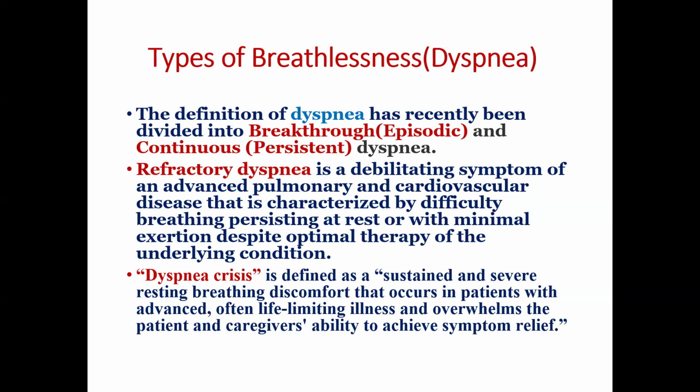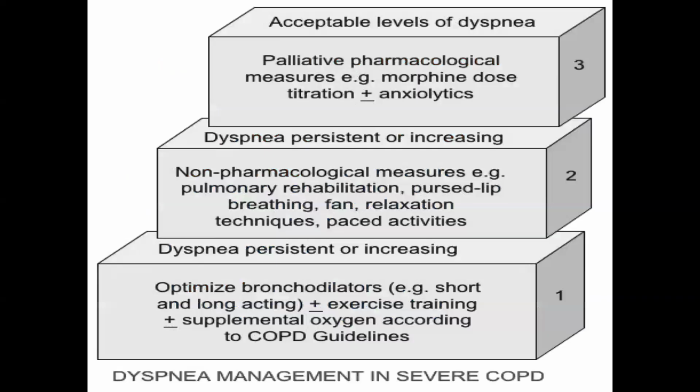And lastly, we have another type called dyspnea crisis, which is like a pain crisis, right? Dyspnea crisis is sustained and severe resting breathing discomfort that occurs in patients with advanced, often life-limiting illness and overwhelms the patient and caregivers' ability to achieve symptom relief. These definitions are very important to remember and memorize, for communication purposes and for treatment.